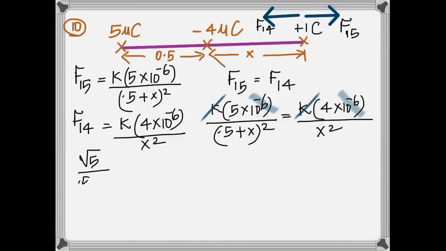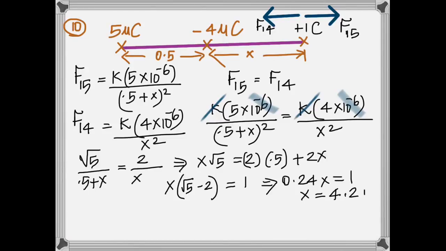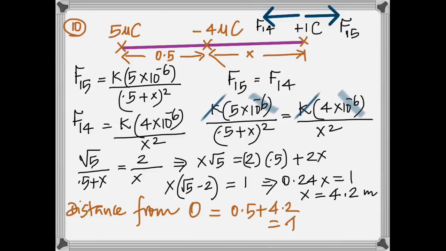Cancel the quantities. Take the square root on both sides. Cross multiply. Collect the x terms, and you get x as 4.2 meter, but the total distance from the 0 mark would be 0.5 plus 4.2, which is 4.7 meter.